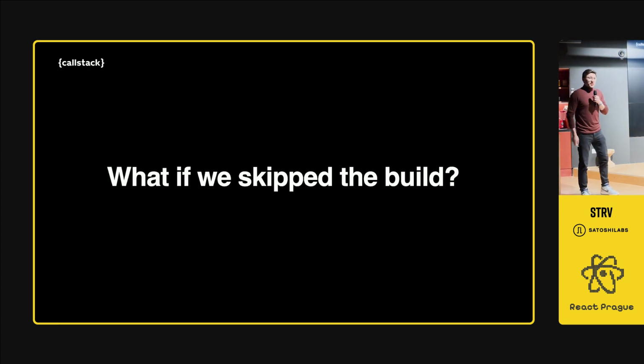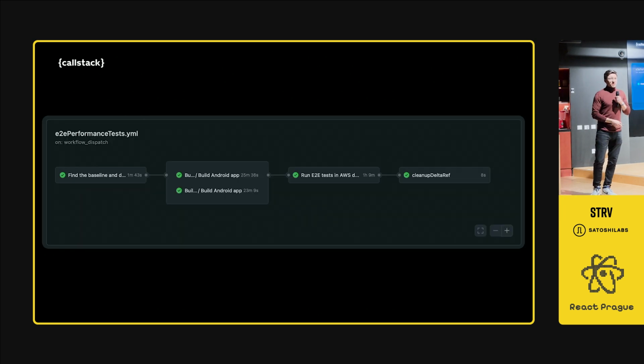So what if we skip the build and save some time on that? Let's take a look at one of those actions. We can see finding some stuff. It takes like 1 minute. We can see building for Android. This is actually building two Android apps, because this is going to build the baseline and our branch.